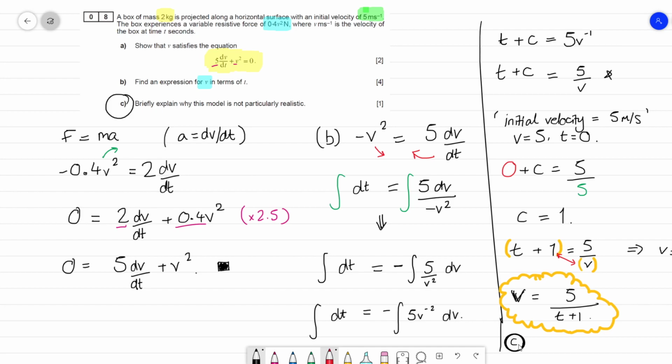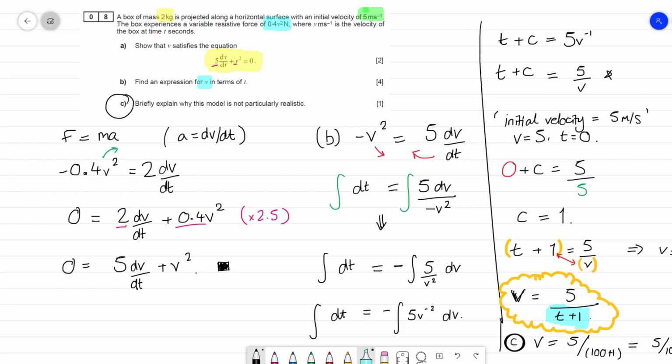Now, it's not sort of super obvious, but what you might spot with this is even if you plug in a large value of t here, you're still going to get some velocity. So even if you had like 100 seconds or something like that, you'd still get that 5 over 101. So the object is still moving 100 seconds in, even though there is a resistive force acting on it. So that's the sort of the alarm bell, I suppose.